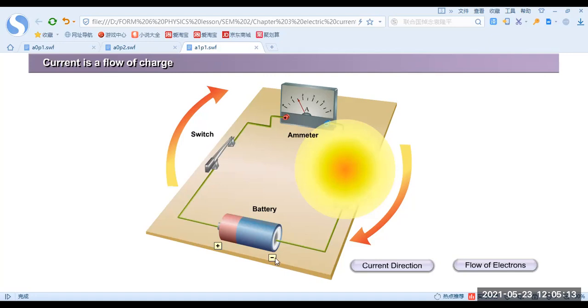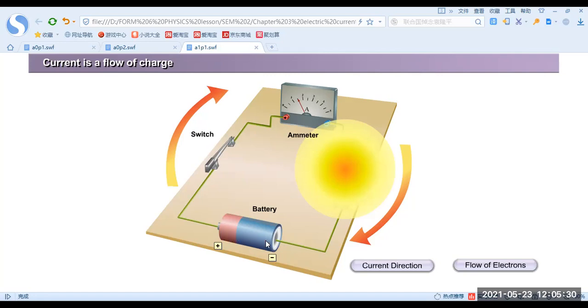Okay, class, once we mention the external circuit, that means positive to negative through the external circuit. Through the internal circuit, the direction will be opposite.